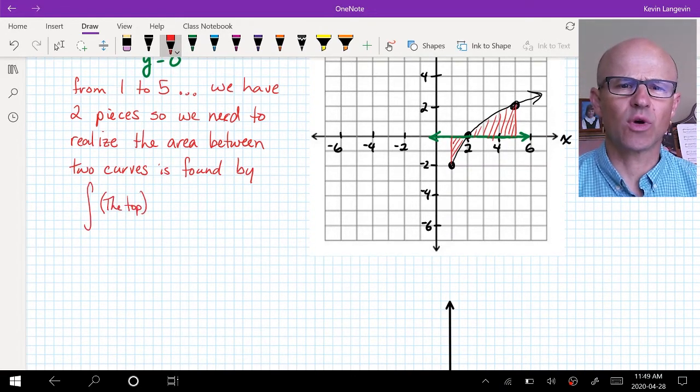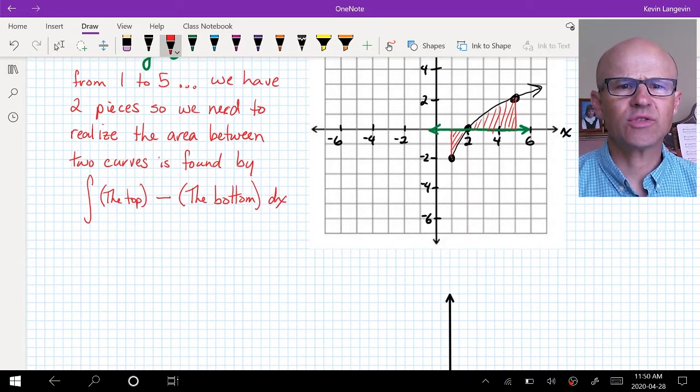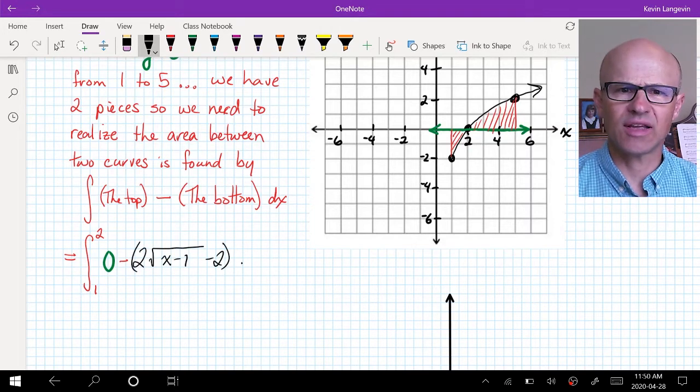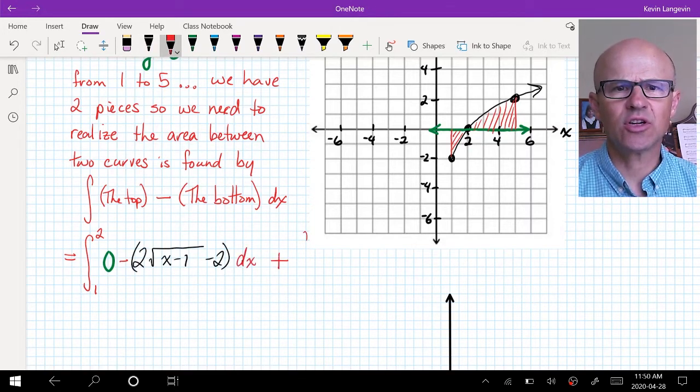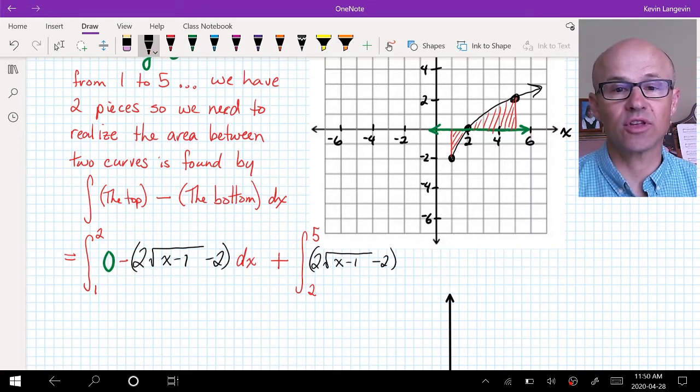So this then is going to be equal to the first piece, the zeros on the top, the square roots on the bottom, that goes from 1 to 2, plus the second piece, goes from 2 to 5, the square root is on the top, the zeros on the bottom.